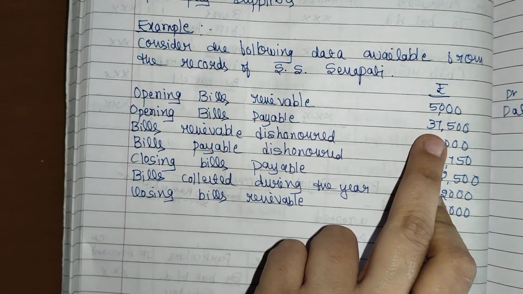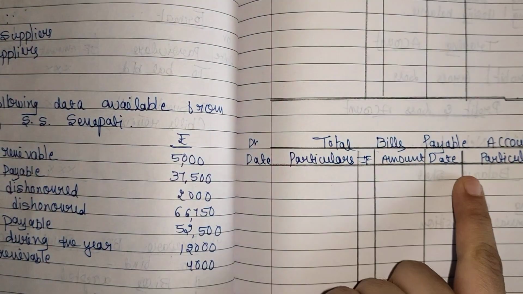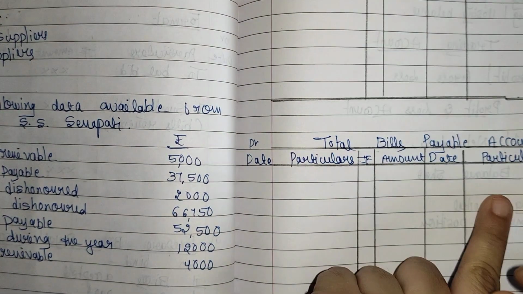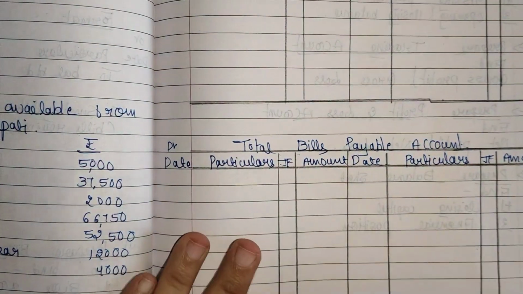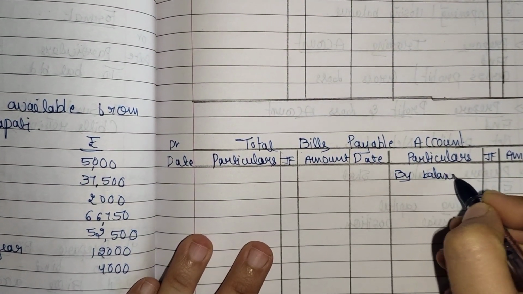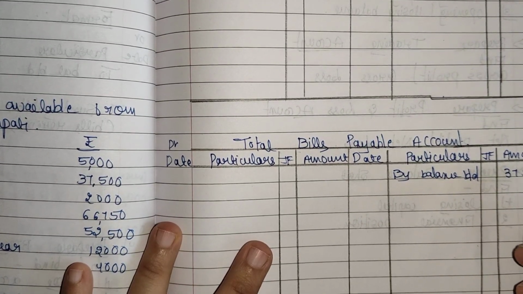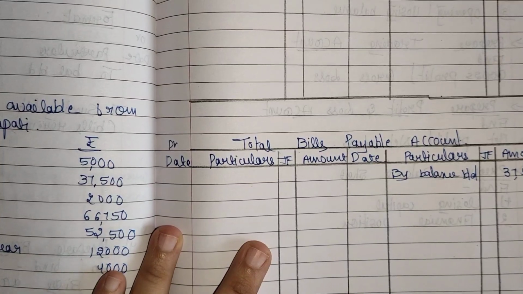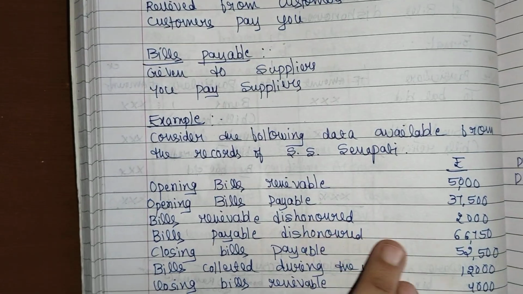How much? 37,500. So exactly the opposite: here in the bills payable account it will come on the credit side, that is, by balance brought down. How much? 37,500. Now next one, bills receivable dishonored, that is rupees 2,000.